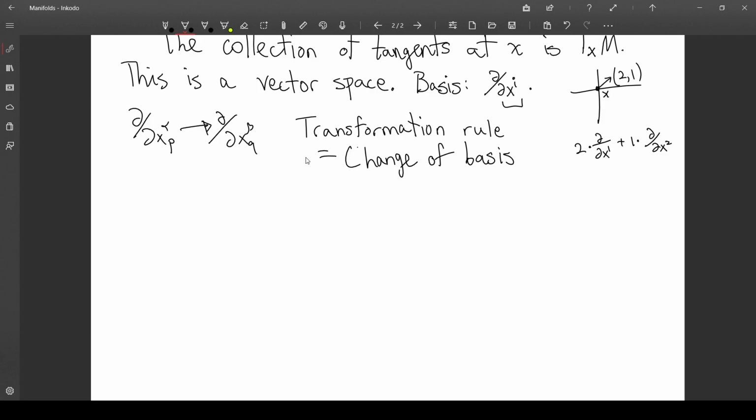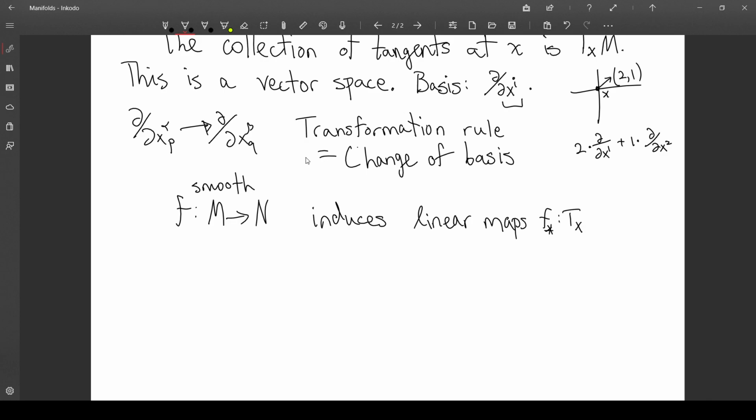Now, one last thing I want to mention, since I mentioned it on the previous page, is that when we have a smooth map, so this is smooth, this induces linear maps f star, which are linear maps from the tangent space at x to the tangent space at f of x.